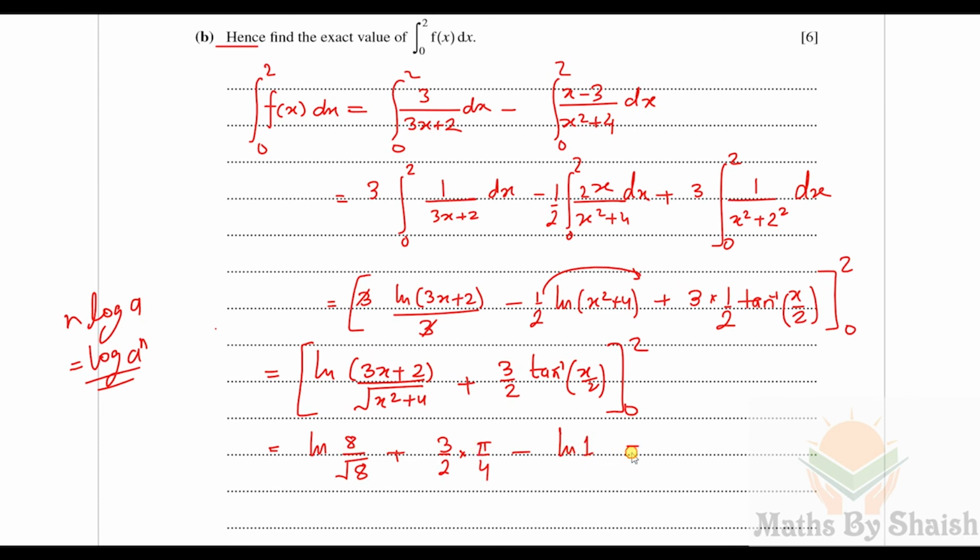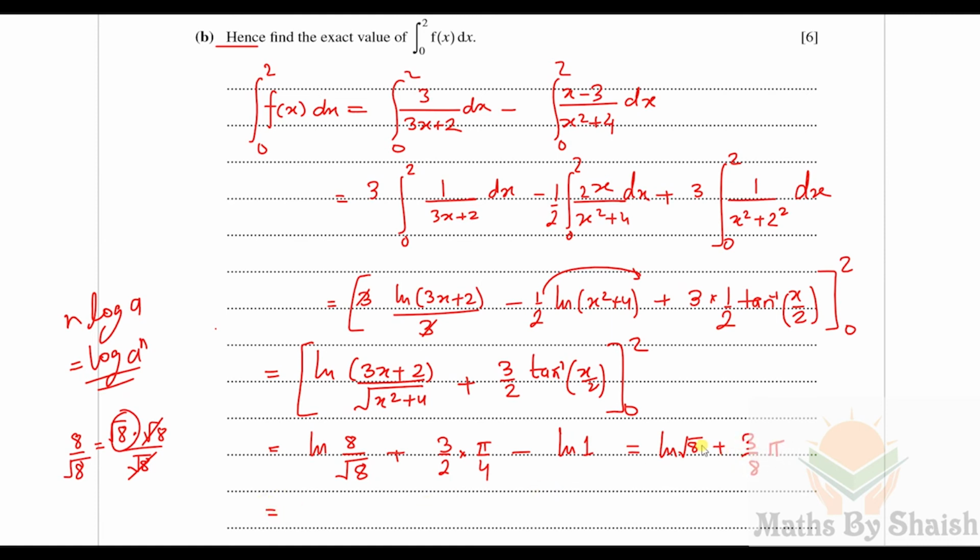Now we will simplify it. It becomes ln, and we know that 8 upon root 8, we can write 8 as root 8 into root 8 upon root 8, we can cancel this and we will get root 8, plus 3 by 8 times π.